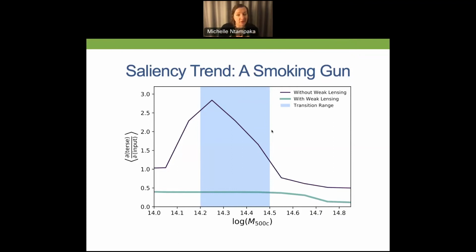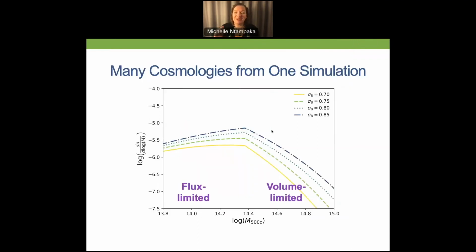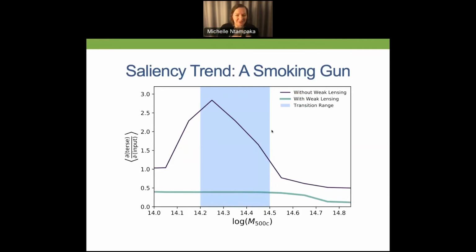It turns out that this middle mass range correlates with the place that we saw earlier, the transition range between the volume limited and the flux limited samples. That's what I'm showing here in blue, that transition range. So it seems like it's paying attention to this transition. This is really interesting.